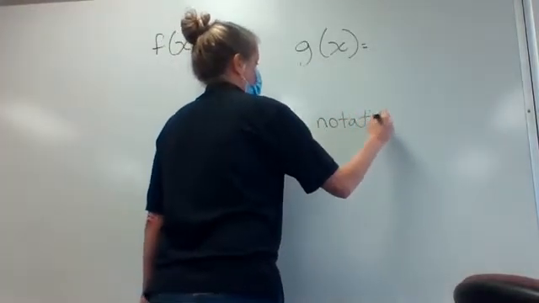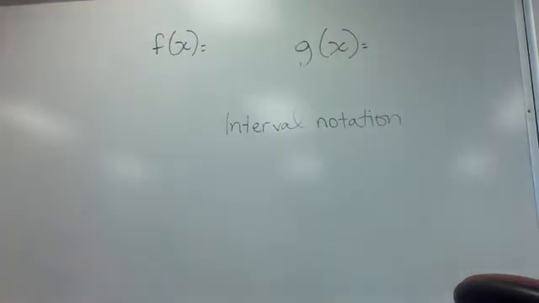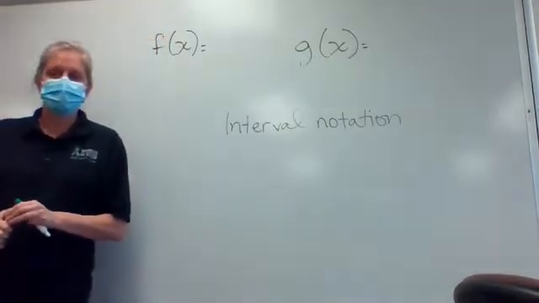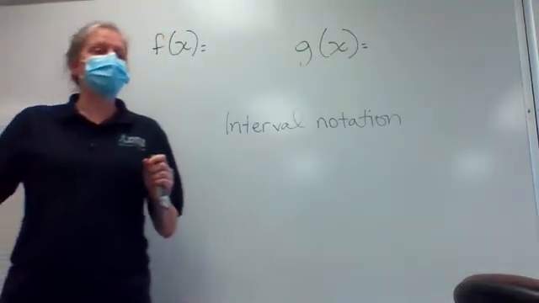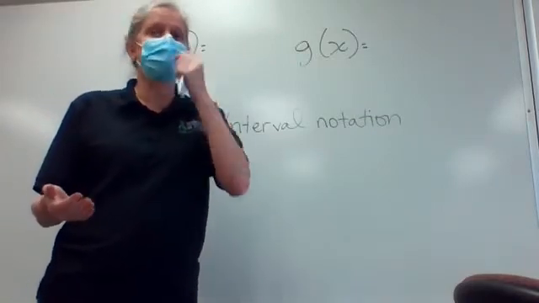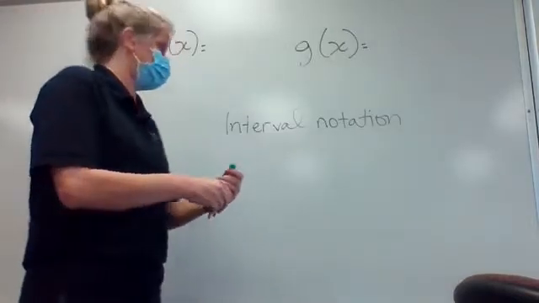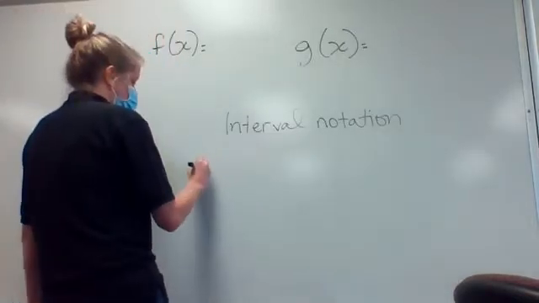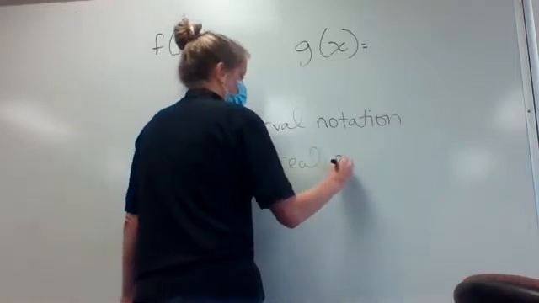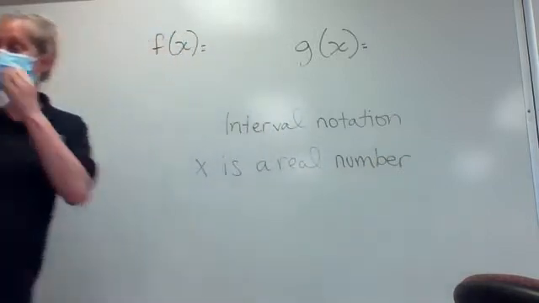So before we get into number 4, let's see what interval notation is. Now remember, when we are finding the domain, what we're looking for is a restriction, right? So if there's a restriction, that's the number you want to leave out of the domain. But if there's not a restriction, that means X is all the numbers on the number line.